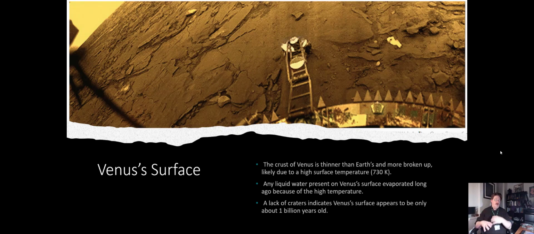So the probe has to make it through very high winds, get buffeted, dodge lightning bolts, and then not get melted by sulfuric acid. And then when it hits the surface, it is experiencing a surface pressure 90 times the strength of the Earth. So this thing is getting crushed like a tin can.